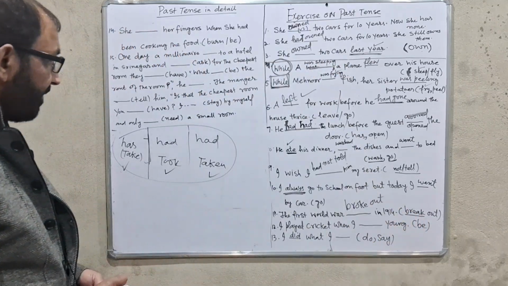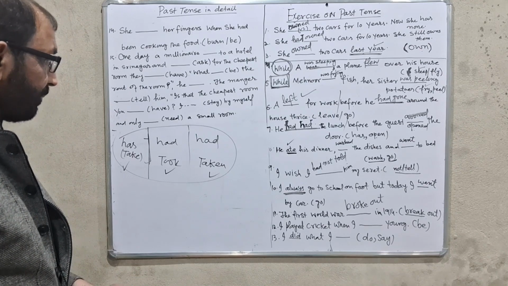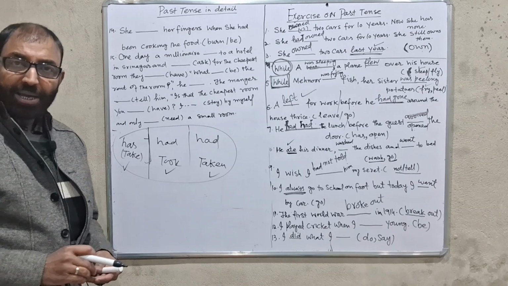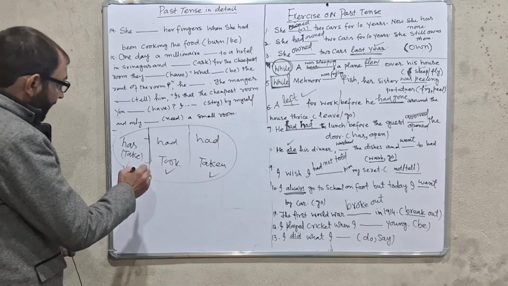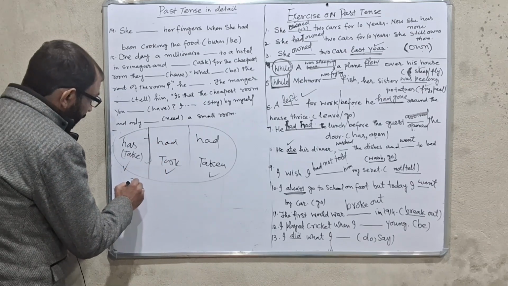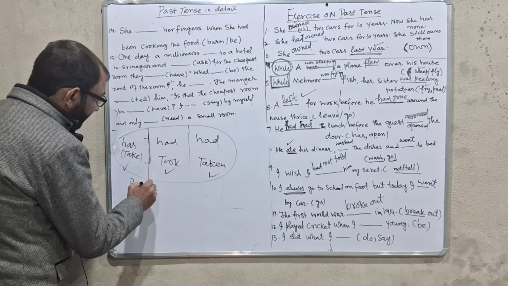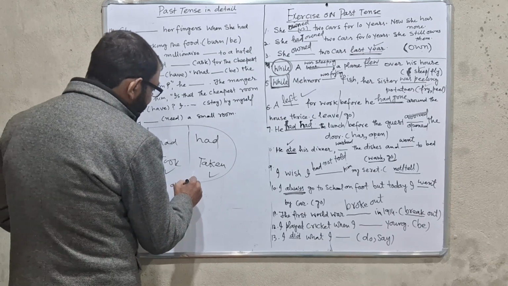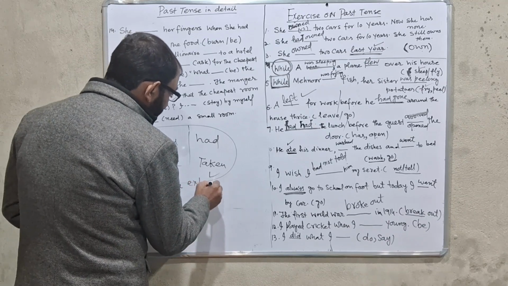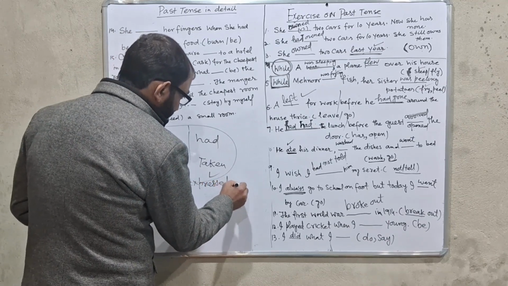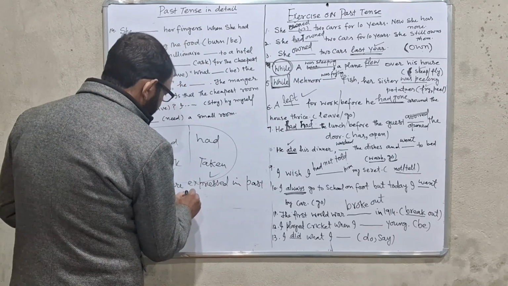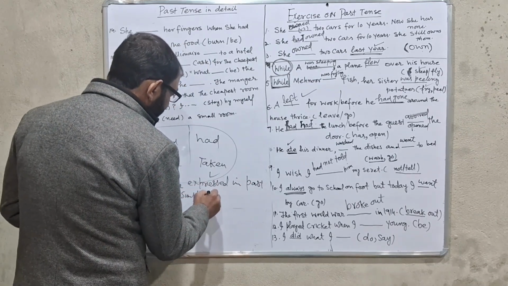The First World War broke out in 1914. This is called a fact. Past facts are expressed in past simple only. Past simple means verb second form.